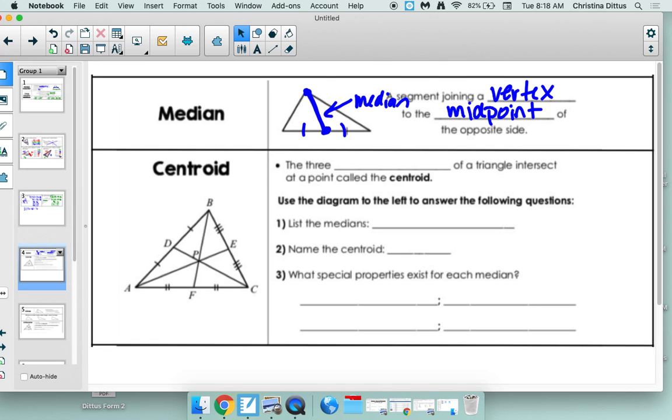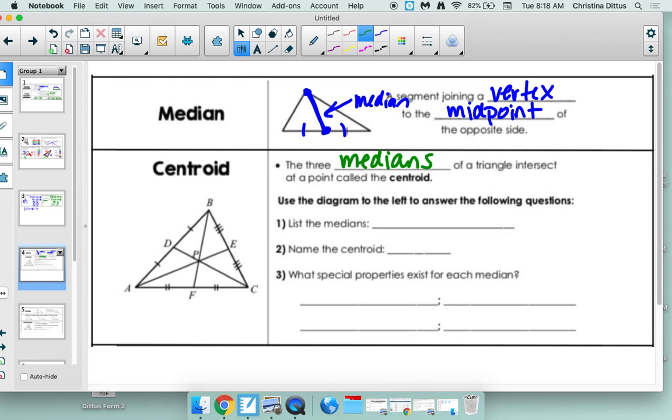Alright, where the three medians meet is called a centroid. I don't know why they didn't just call it the center. They just had to make it fancy, I guess. Anywho's. Alright, so here I have medians.